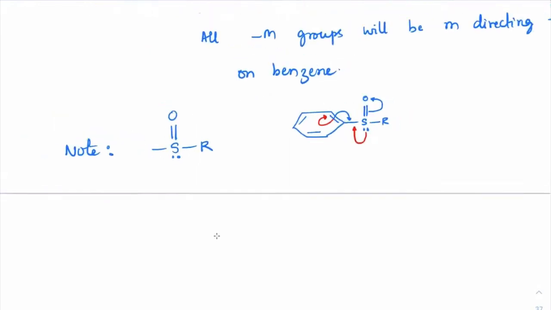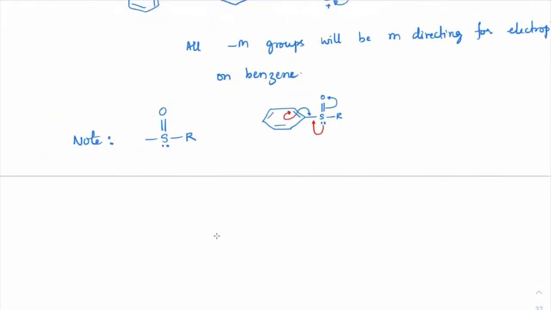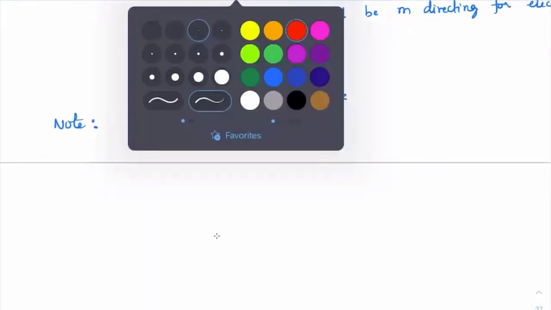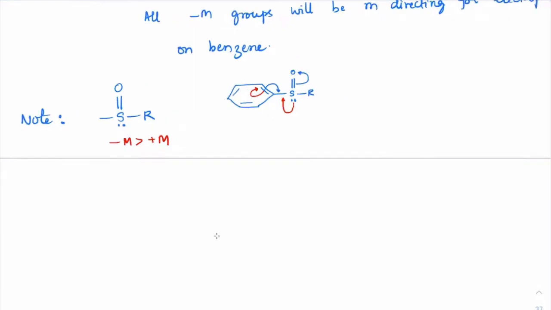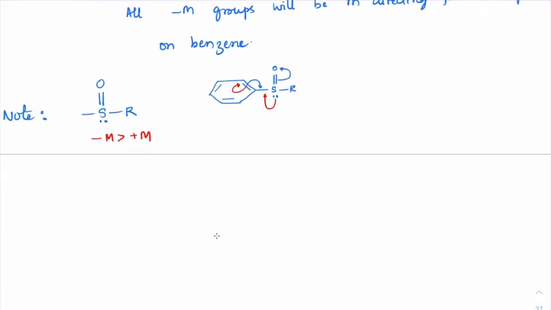So when plus M and minus M both are coming into account, then you got to understand that their minus M is more preferred compared to that of their plus M. Is that clear? We cannot say plus M is not happening. We'll say the magnitude of minus M will be more than that of plus M. Clear, everybody? Another case like this is N double bond O with a lone pair.